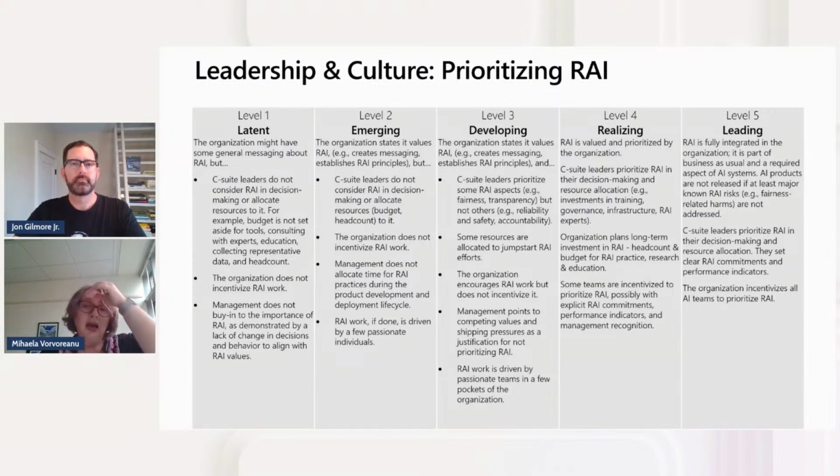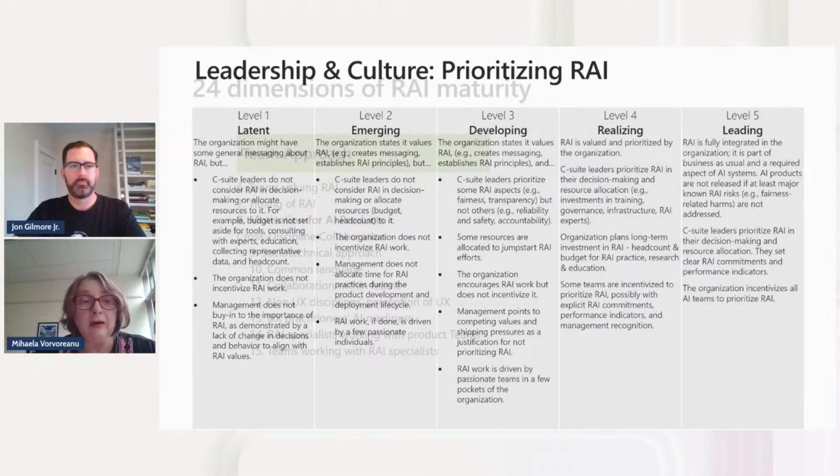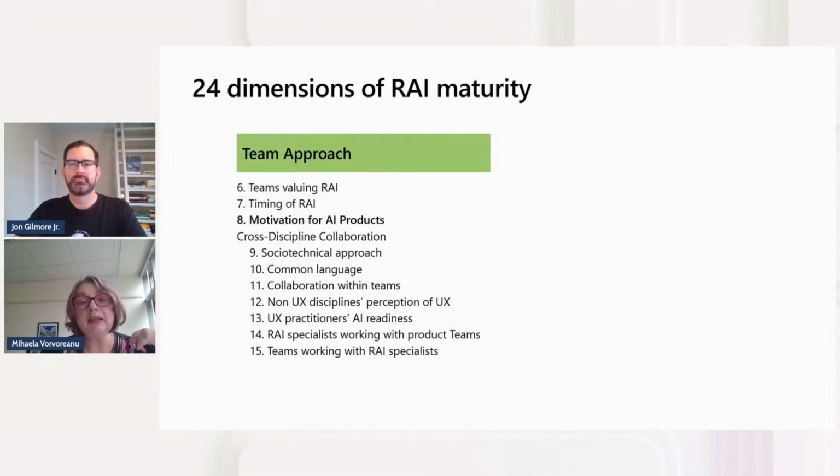But then let's also look at the middle category, the ones with team approaches. In that one, we'll see that we have many dimensions related to collaboration. These are dimensions 9 through 15 there at the bottom. And really, collaboration emerged perhaps as the most important part of doing responsible AI well.